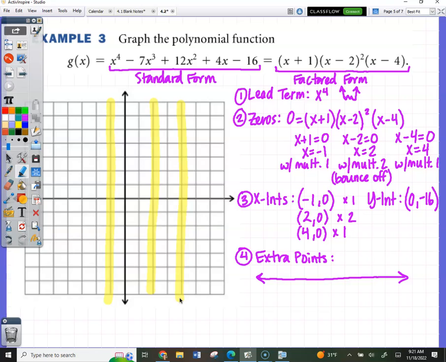I just highlighted straight down. And then you could look at it and say, okay, I need to pick a number here, then a number in between here. We already know 0 lands at where? The y-intercept's negative 16. Then you can pick a number here and then a number here. So that's an alternative approach to not drawing the number line, is going to the graph and just saying, okay, here's where they land. Where should I pick numbers?